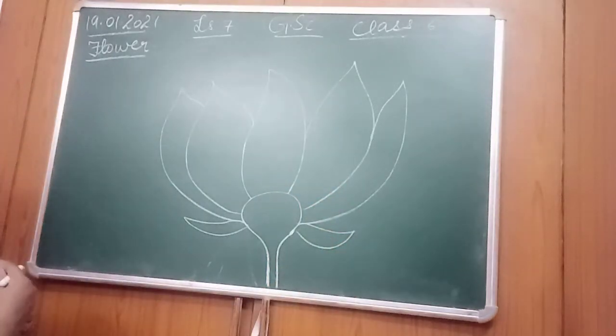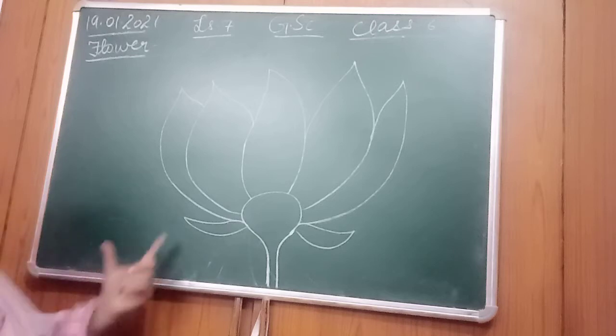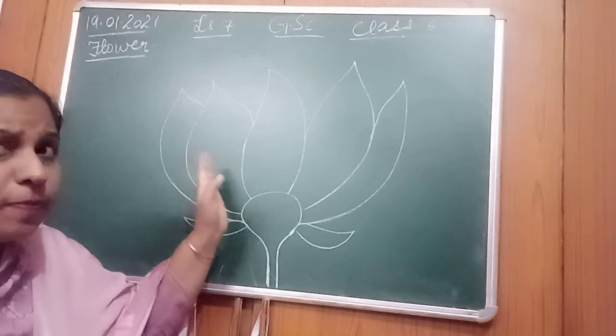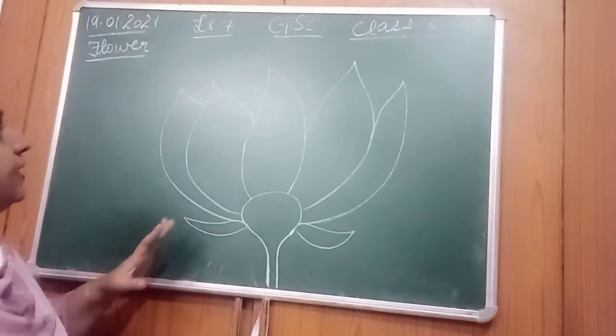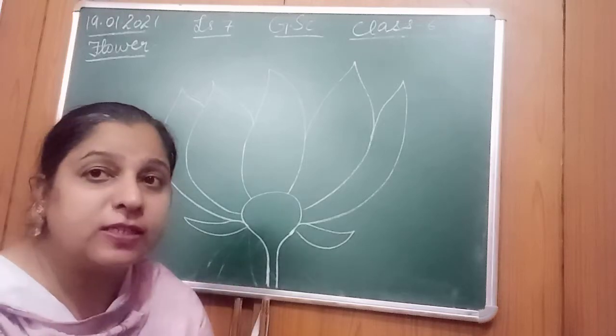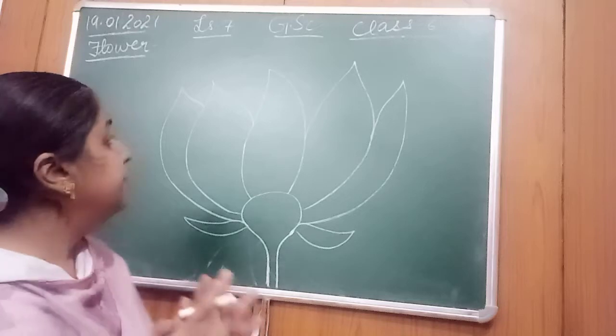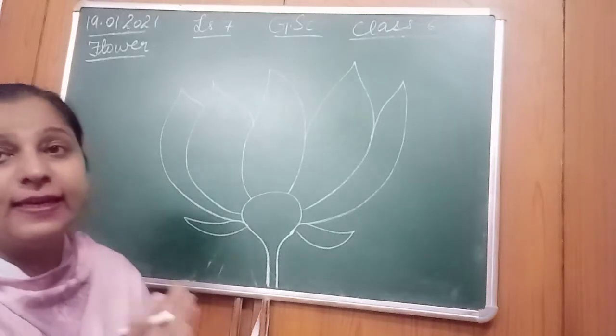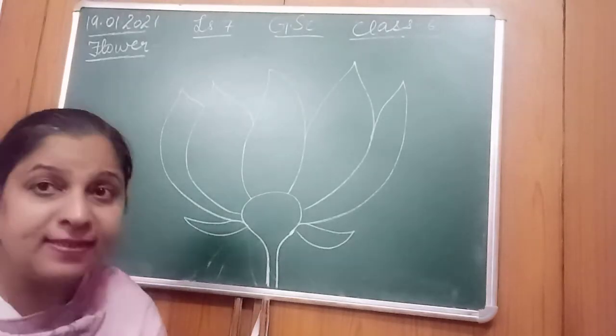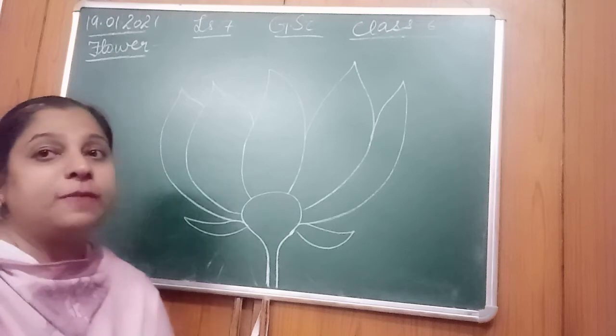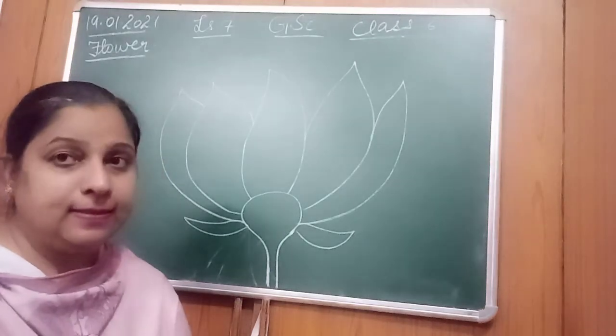Right? So students, after this, these are the parts I showed you, right? Then comes the male reproductive part and the female reproductive part. Right? Male reproductive part here is known as a stamen, and female reproductive part is known as pistil.